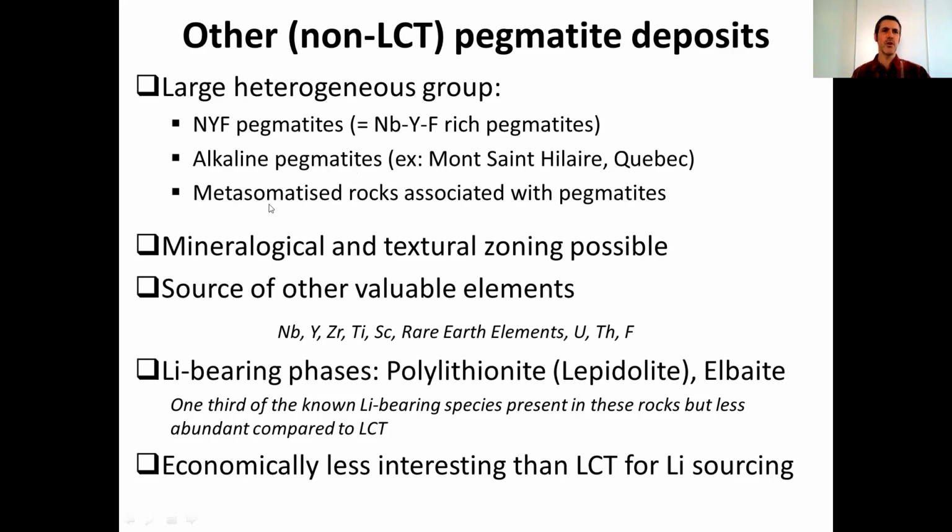And we have also metasomatized rocks associated with these pegmatites. We can observe also mineralogical and textural zoning in these pegmatites, and they are sources of other valuable elements: niobium, yttrium, zirconium, titanium, scandium, rare earth elements, uranium, thorium, fluorine.